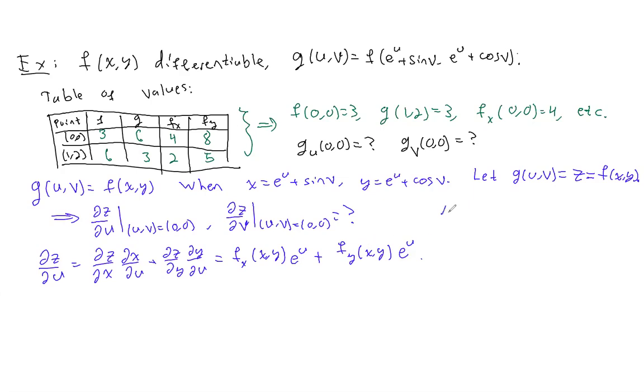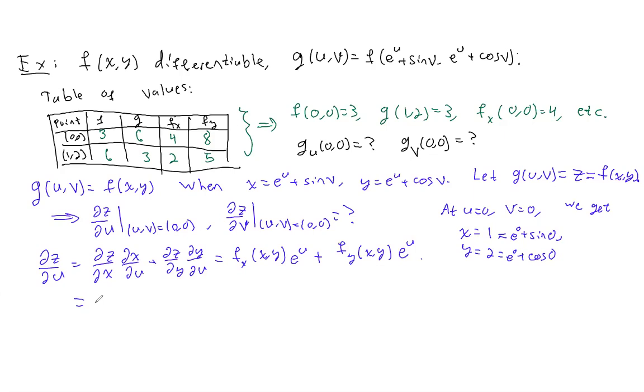Now at u equals 0 and v equals 0, we have that x is e to the 0 plus sine of 0, so that's just 1. And y is equal to 2, in other words, e to the 0 plus cosine of 0.